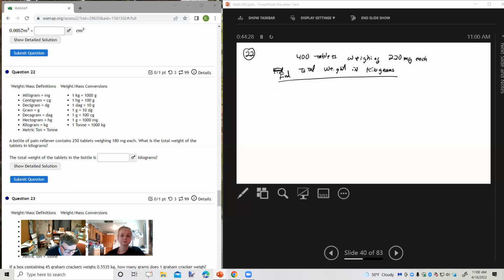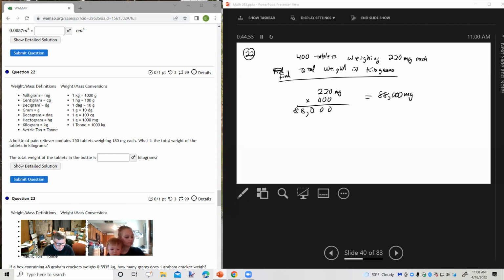I'm going to get the weight in milligrams and then convert at the end. So I've got 220 milligrams times 400. That's 88,000 milligrams.